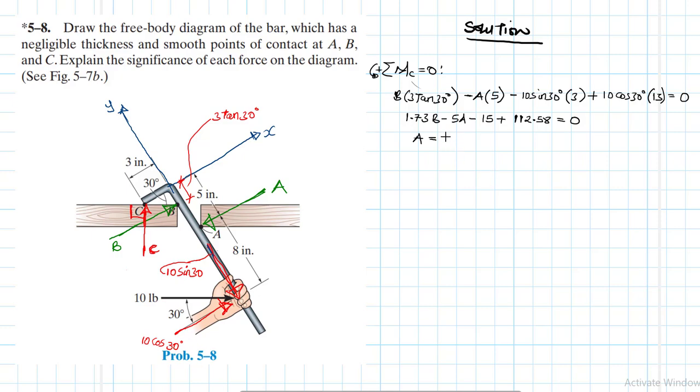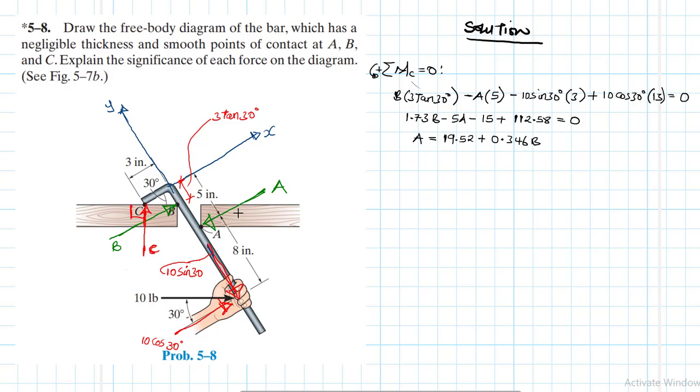So here we have a 19.52, okay, a 19.52 plus 1.73 divided by 5 plus a 0.346 B. So this is the expression for A.